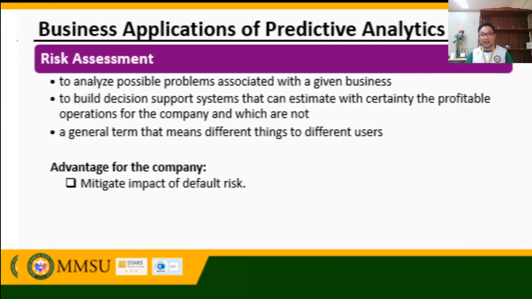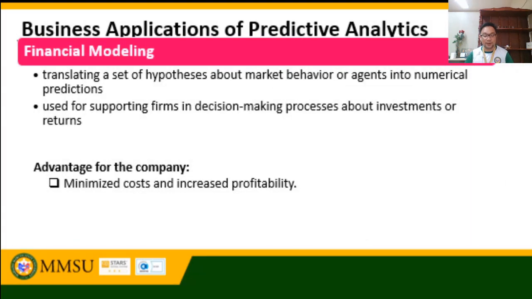The last application is for financial modeling. So, financial modeling is about translating a set of hypotheses about market behavior or agents into numerical predictions. Now, these predictive models are used for supporting firms in decision-making processes about investment or returns.